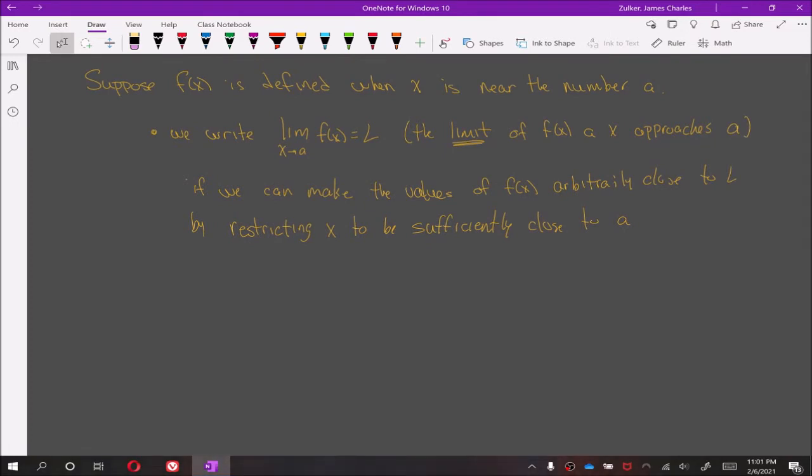Now we're going to keep this idea: f of x is defined when x is near the number A. We write limit as x approaches A from the left of f of x equals L. This is known as the left-handed limit.